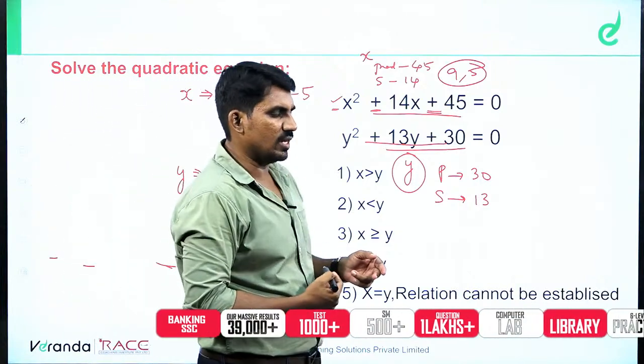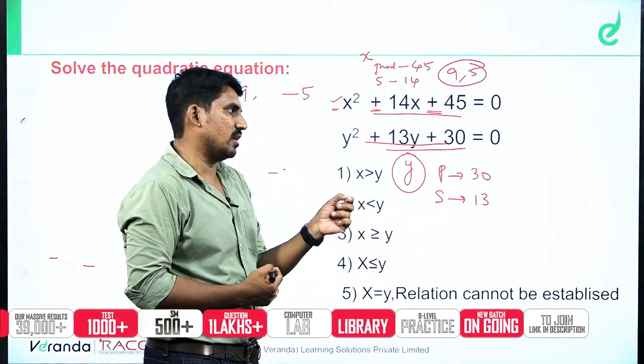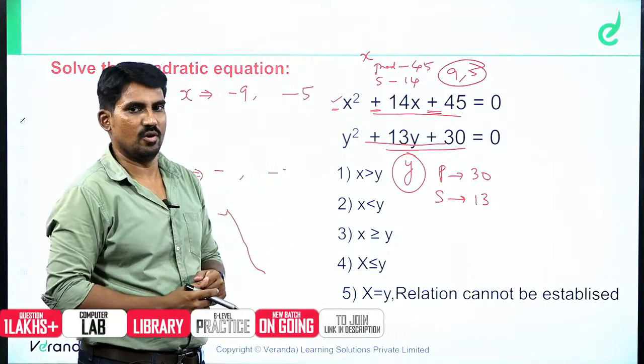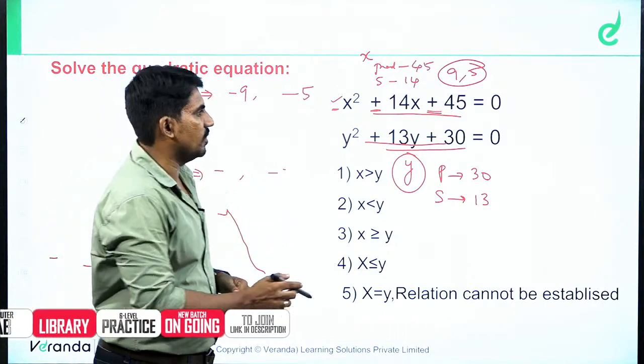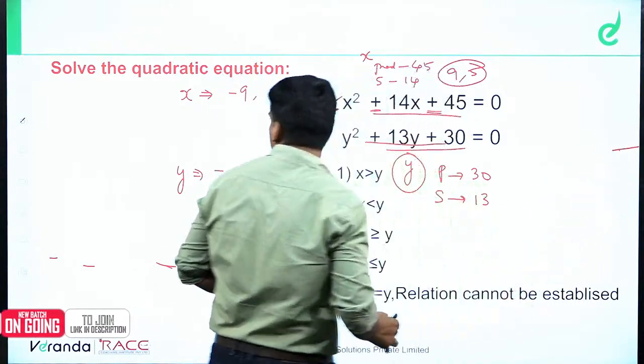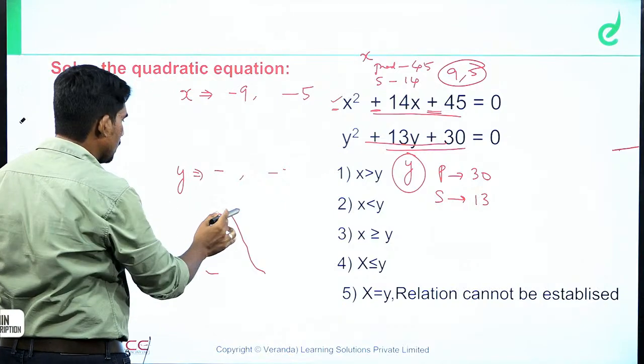What numbers can we choose? 5 into 6. 5 into 6 is 30. But 5 plus 6 is not 13. Now, what is the next possible combination we can choose? 10 and 3. Shall we choose 10 and 3?